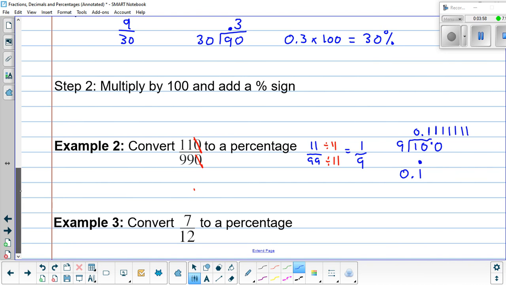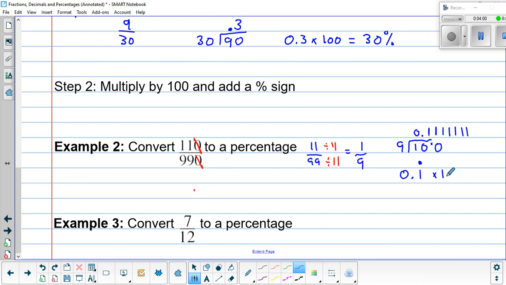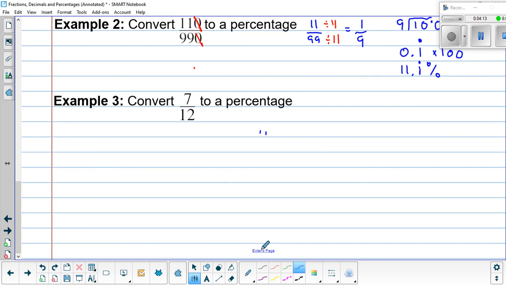Then don't forget, we have to times this by 100. So we actually get 11.1 repeating, or recurring, percent. Typically with recurring ones, they'll always tell you to round to 2 decimal places, round to 3 significant figures, etc.